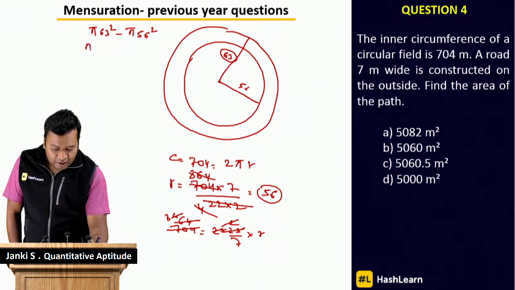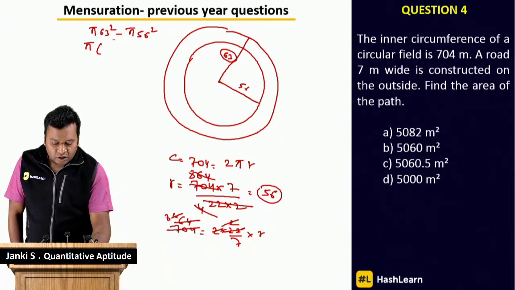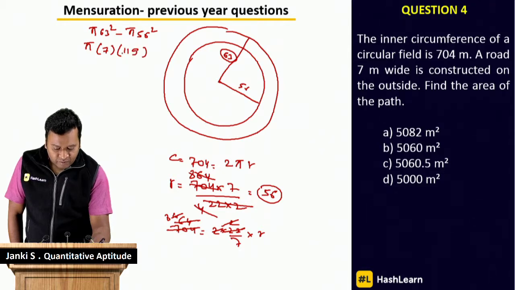So pi I'll take common into 63 square minus 56 square, that means a square minus b square. The difference is already 7 into the value. Let's add these two values. That's nothing but 119. Pi is nothing but 22 by 7 into 7 into 119, right?